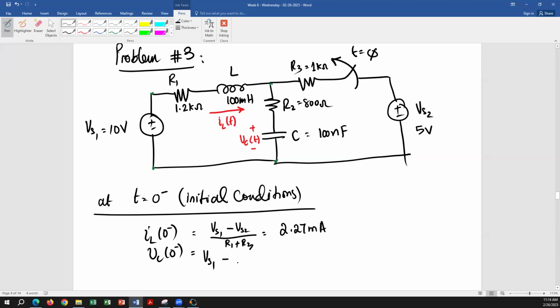Vs1 minus IL0 negative times R1. Vs1 minus the drop here is the voltage here. VC0 is equal to Vs1 minus IL0 times R1. 7.27 volt.